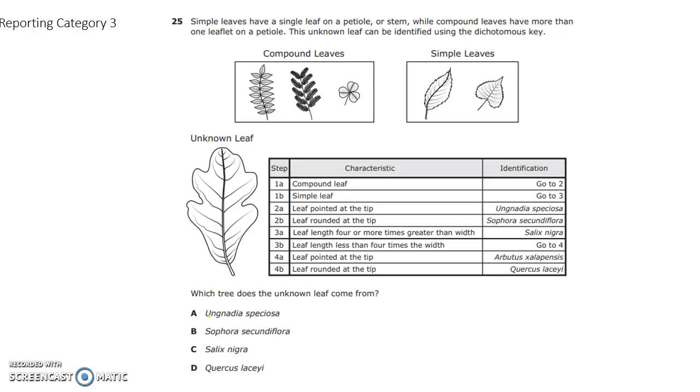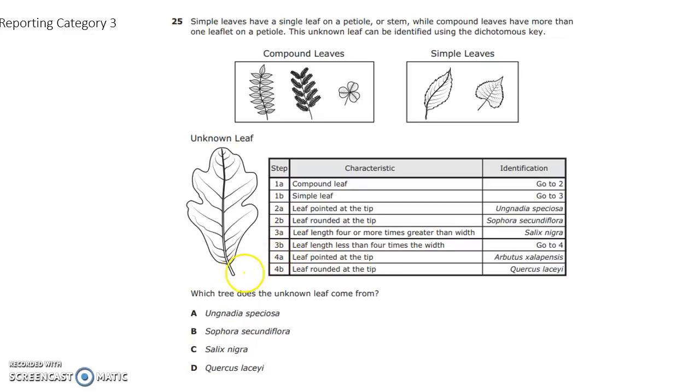Alright, this question is kind of confusing. We've got an unknown leaf, and we have to identify it using this dichotomous key. So, first thing you do is you look at number 1, A and B. Is it a compound leaf? No, it's a simple leaf. So it tells us to go to 3. So if we look at the 3, is the leaf length 4 or more times greater than the width?